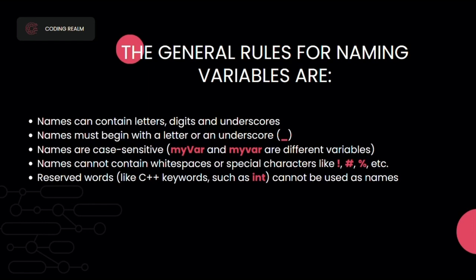Names cannot contain white space or special characters like hashtag and percentage. Reserved words like C++ keywords, such as int, cannot be used as a name. We will see these rules in the next video when I solve a question.